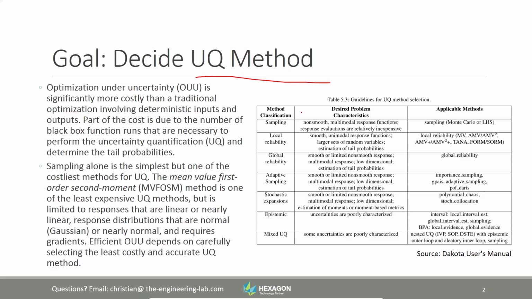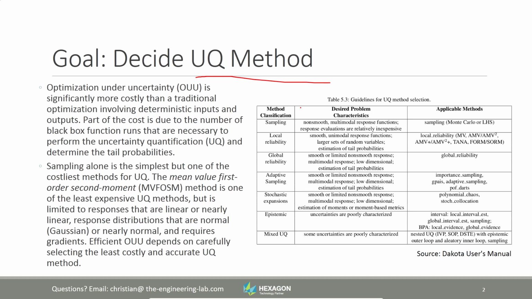Some of these UQ methods might require you to run your black box function dozens, hundreds, or thousands of times. But since we are using FEA, that tends to take a long time sometimes just to perform one run, it's very important that we pick a very efficient UQ method.